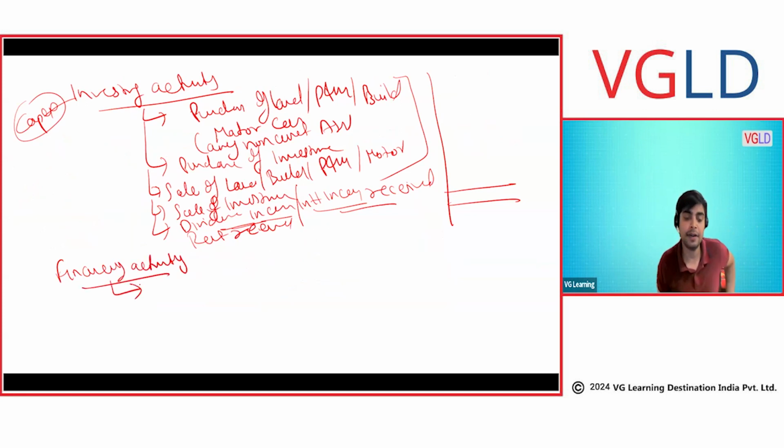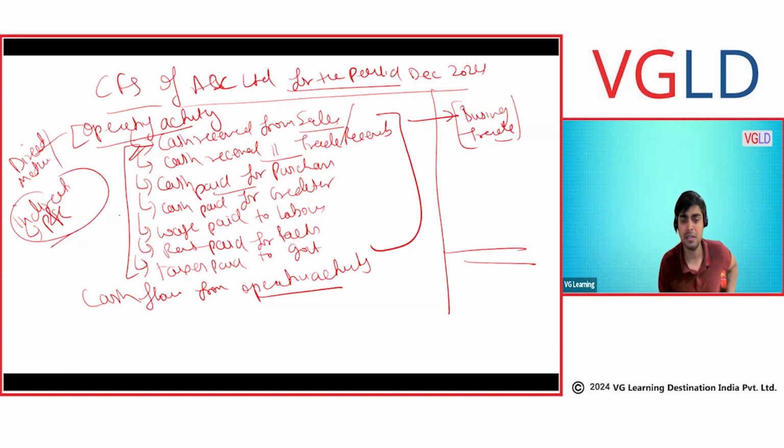Let's say for financing activity, we have loan taken or borrowed money. Share capital introduced, basically by owners. No, commission is here.